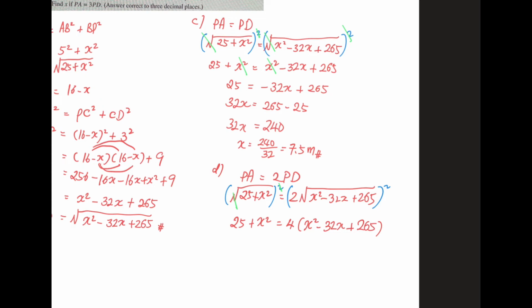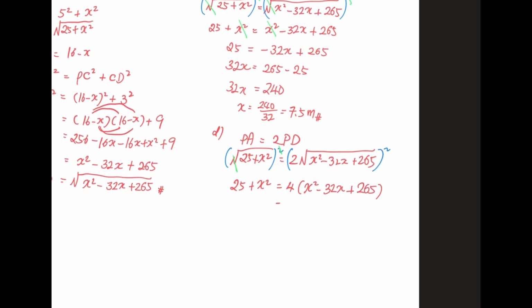So we get something like this, and I expand 4 into 3 of these terms here. So I will get 4x squared and 32 times 4, so 128x. 265 times 4, I will get 1060. Imagine I shift this to the right.